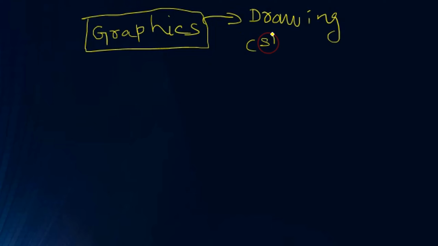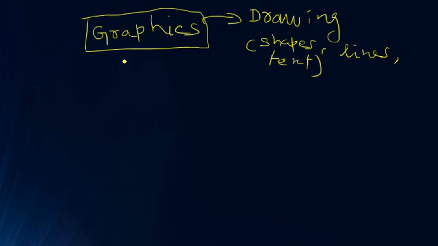You can simply say you can draw shapes or lines, or even if you type a text, that's also considered a drawing. You can put some text, and the text is also rendered using the graphics object. So all these are graphics.